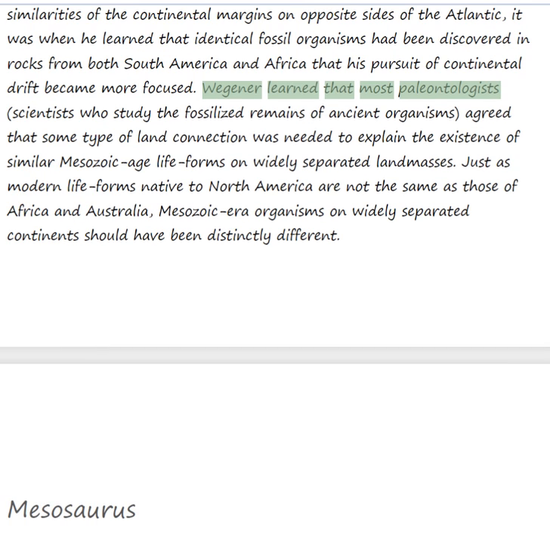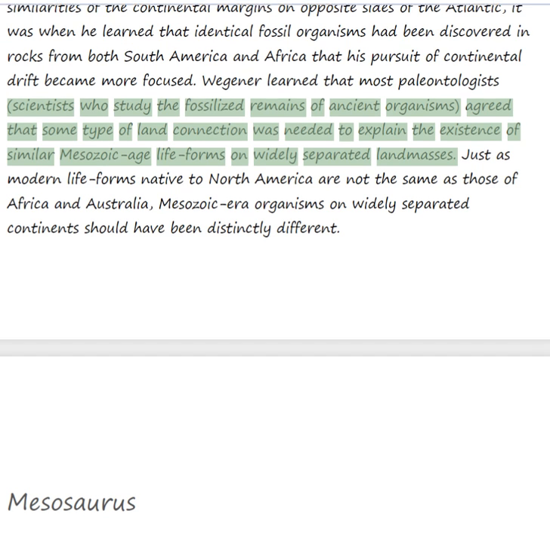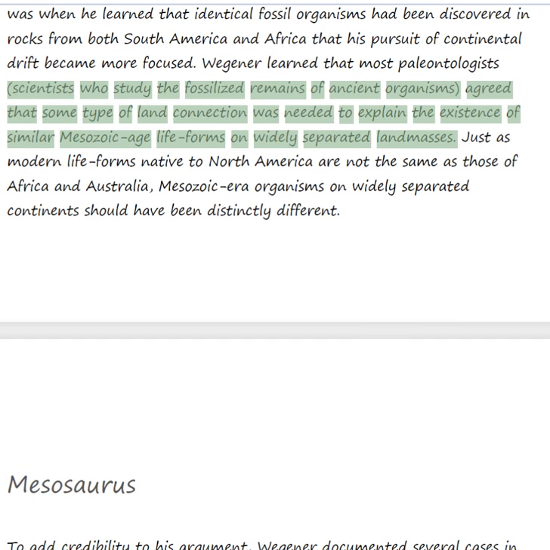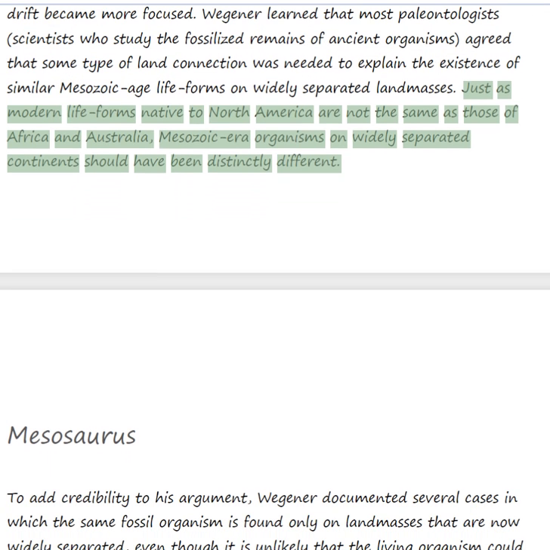Wegener learned that most paleontologists agreed that some type of land connection was needed to explain the existence of similar Mesozoic age life forms on widely separated land masses. Just as modern life forms native to North America are not the same as those of Africa and Australia, Mesozoic-era organisms on widely separated continents should have been distinctly different.